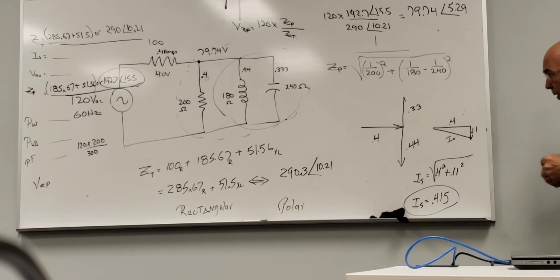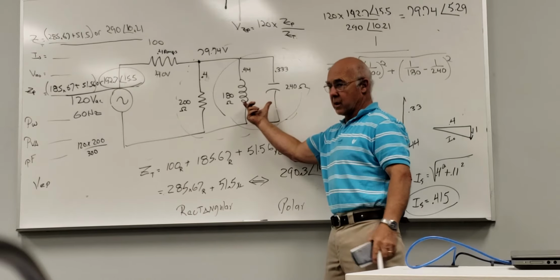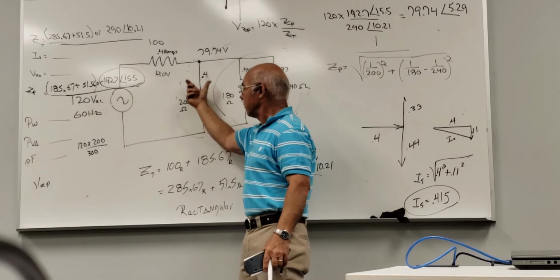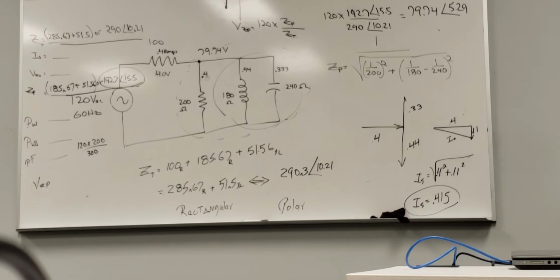Alright. These two currents canceled each other out. So really the only current we got is coming mostly through the resistor. Anytime you get close to equal components from a reactive standpoint in parallel, they don't draw any current from the source.